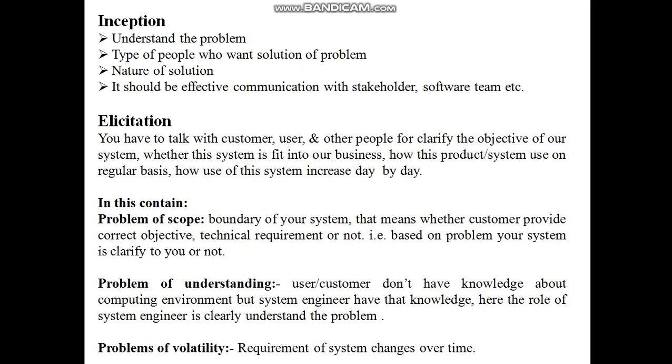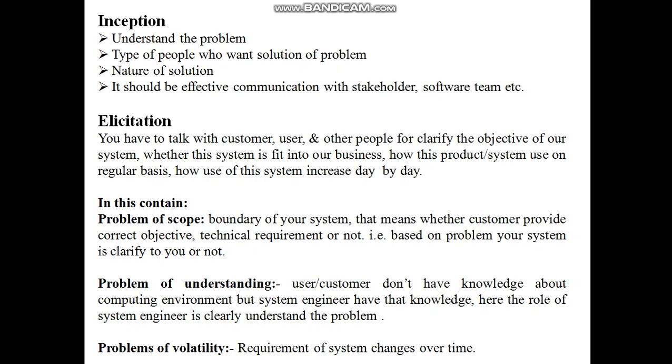So initiation contains the problem of scope, the problem of understanding, and the problem of volatility. So what is the problem of scope? The scope is nothing but the boundary of your system. That means whether the customer is providing the correct objective, and whether they provide the correct technical requirement. Based on the problem, are you clarifying your system? This is the problem of scope.